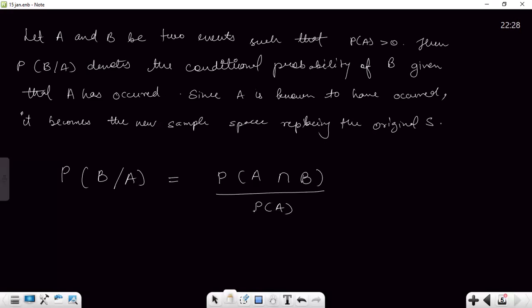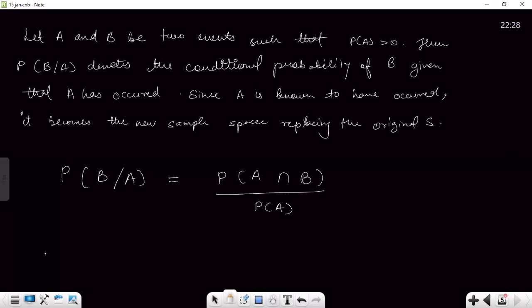Here, we know that the probability of any event lies between 0 and 1. So if it gets divided by something less than 1, it's basically increasing its chance, its odds. This is known as the conditional probability, event B given A. Is that clear, everyone? Yes, sir.